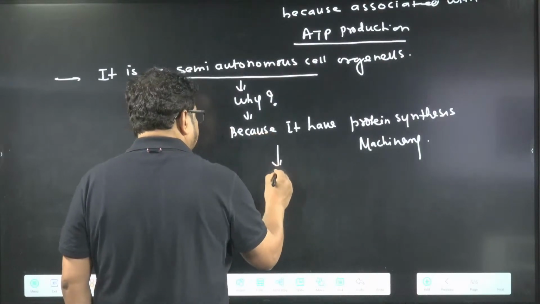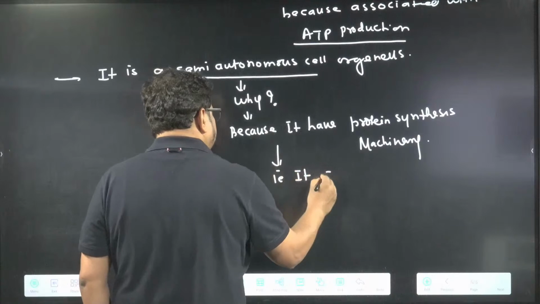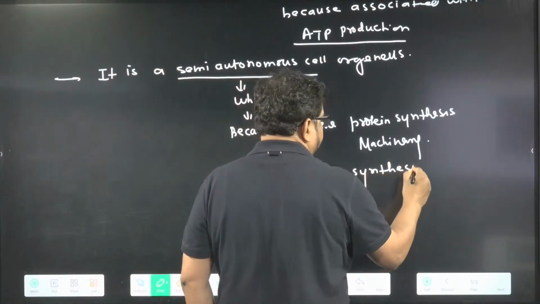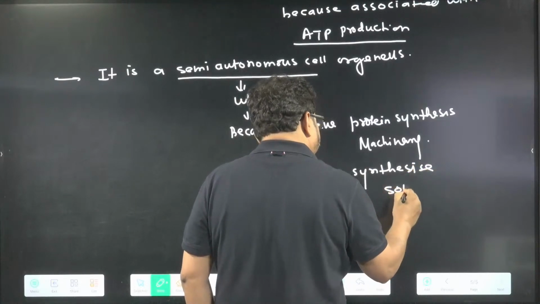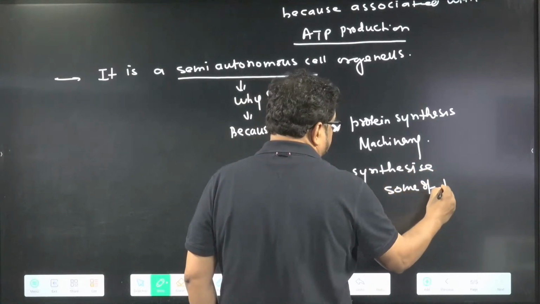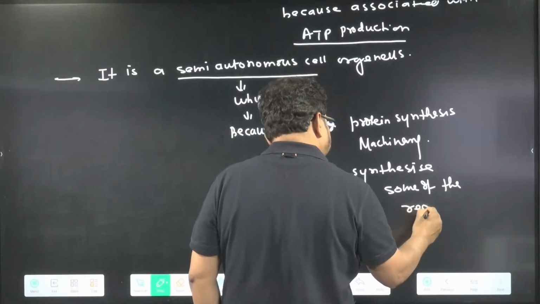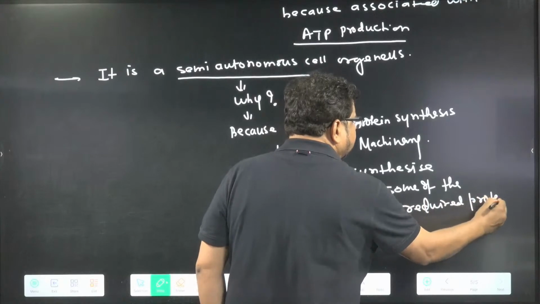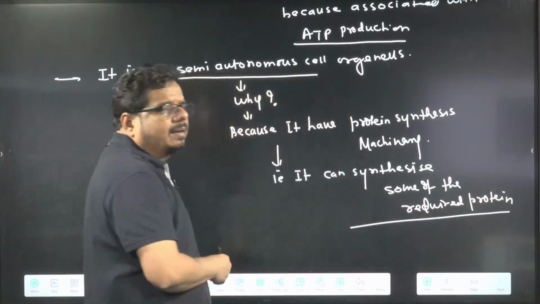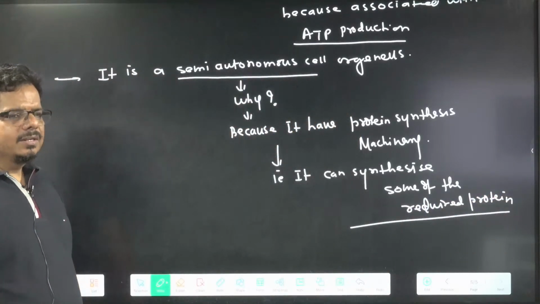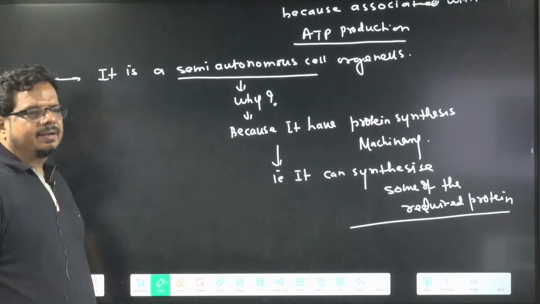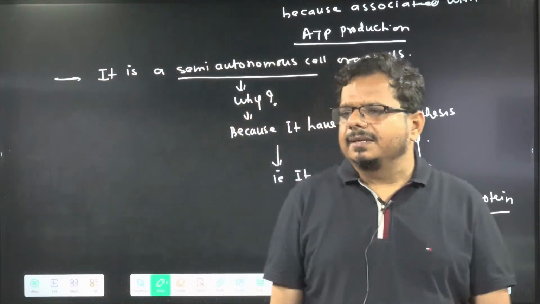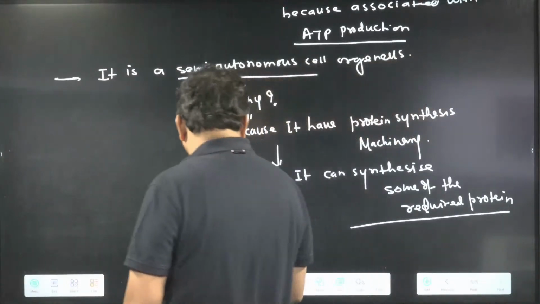That is, it can synthesize some of the required protein, not all the protein. If it could synthesize all required protein, it would become autonomous. But it does not synthesize all the required protein, it synthesizes some of it, and hence it is a semi-autonomous cell organelle.